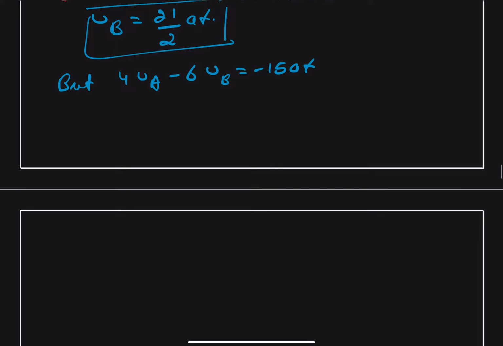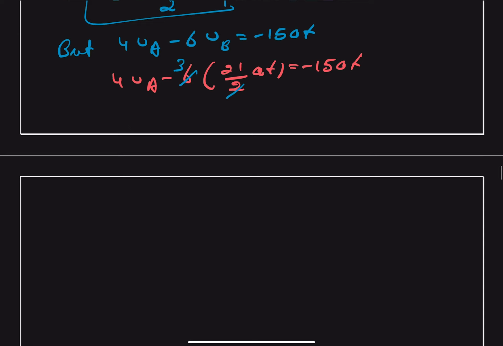We get 4 times VA minus 6 times 21 divided by 2 times at is equal to minus 15 times at, and this 2 goes with this 6. So we get 4 times VA minus 63at is equal to minus 15at.